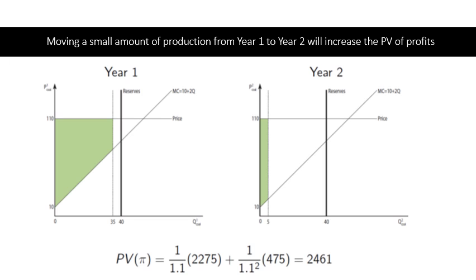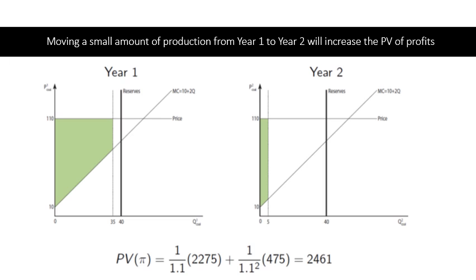Our profits on that bit of production in year 1, or the difference between the price and the marginal cost, that area is fairly small in year 1, and if we substitute that for production in year 2, you can see the area lost in year 1 is now being replaced by a larger green polygon in year 2, so profits increase slightly.